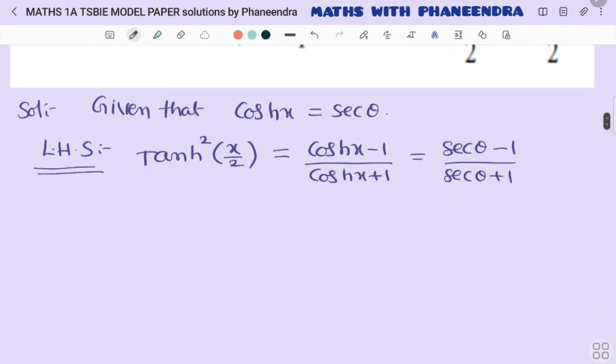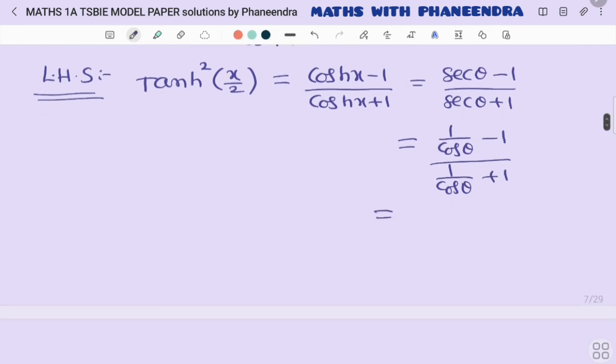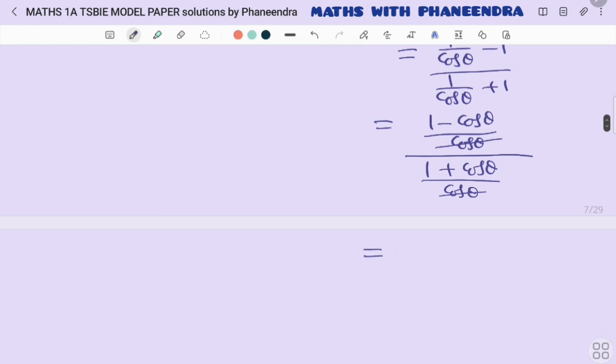So, secant theta means 1 by cos theta, minus 1, by 1 by cos theta plus 1. Take the LCM in numerator and denominator. 1 minus cos theta by cos theta, whole divided by 1 plus cos theta divided by cos theta. Here cos theta gets cancelled. 1 minus cos theta means 2 sin square theta by 2, by 1 plus cos theta, 2 cos square theta by 2.